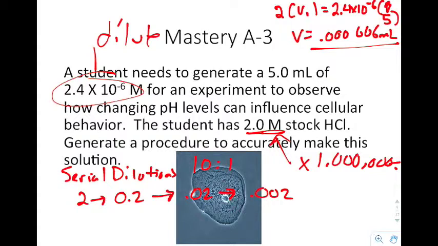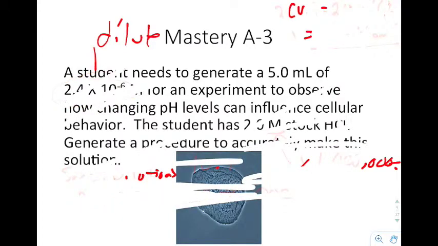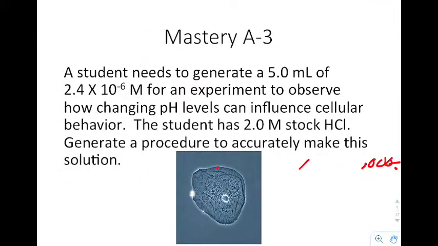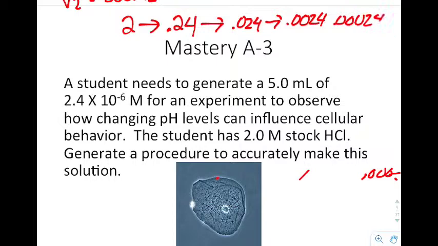So I'm going to erase this, and instead of trying to just go to 0.2, I'm going to go to 2.4. Okay, so here's the value that we're going to do. We're going to go from 2 to 0.24. That is very, very close to a 10 to 1. Then we're going to go from that to 0.024, then to 0.0024, and then to 0.00024, and so on.